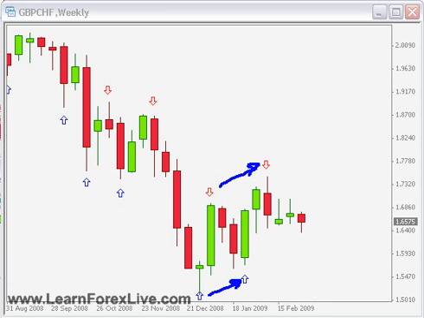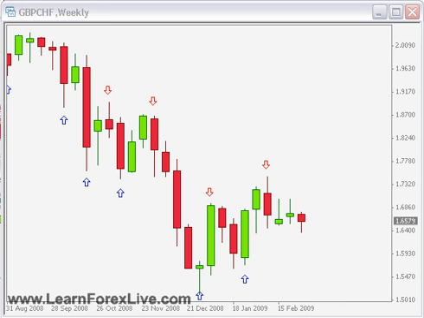Now, this doesn't mean we should be searching for long opportunities right away. Not at all. That would be way too aggressive. This just means that for the time being, we want to stop searching for short opportunities until, again, the downtrend is resumed. And when is the downtrend resumed?